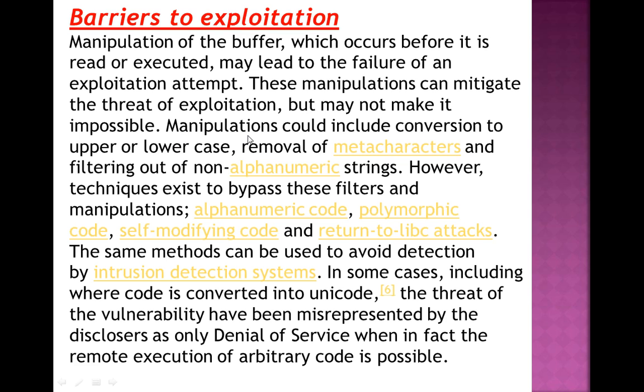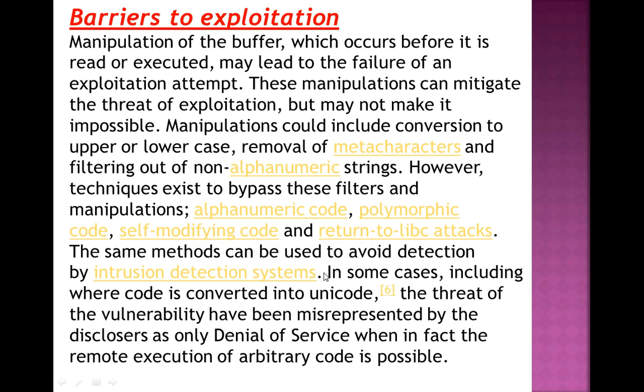Manipulations could include conversion to upper or lower case, removal of metacharacters, and avoiding alphanumeric strings. These are multiple methods used to avoid exploitation. However, techniques exist to bypass these filters and manipulations: alphanumeric code, polymorphic code, self-modifying code, and return-to-libc attacks. The same method can be used to avoid detection by an intrusion detection system.